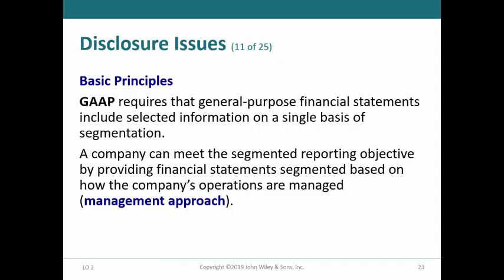Companies can meet the segment reporting objective by providing the segment information based on how the company's operations are managed. Therefore, if the company manages its operations by product lines, markets, or customers, this would be the method by which it would identify the segments.